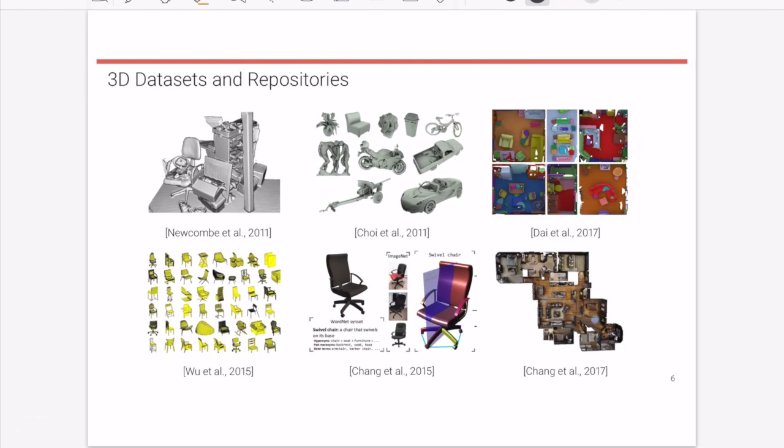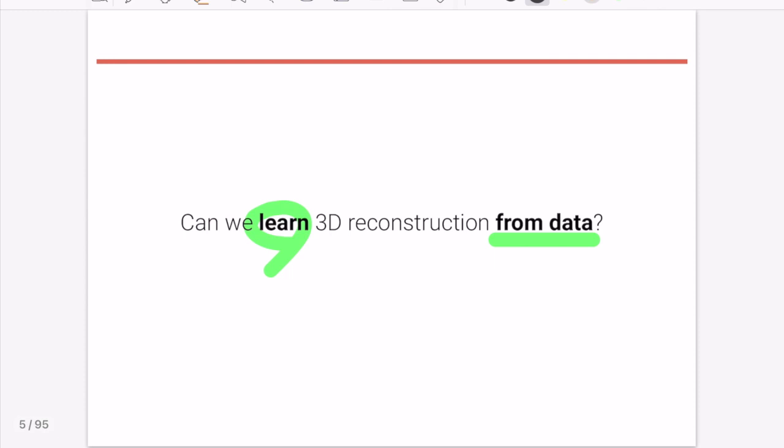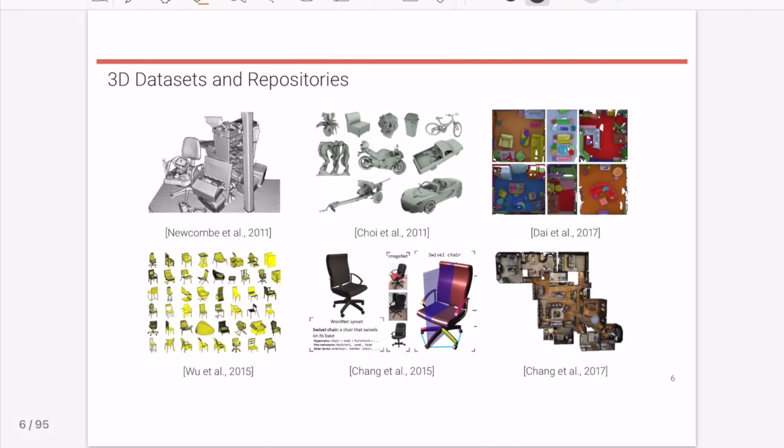Right, so because we are interested in 3D reconstruction by learning, first we need some large-scale 3D data.